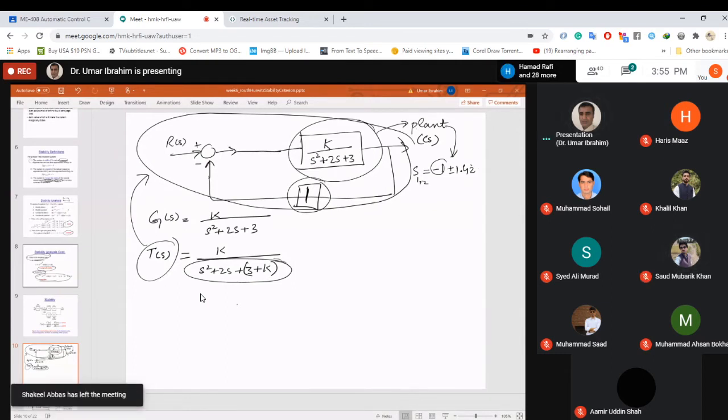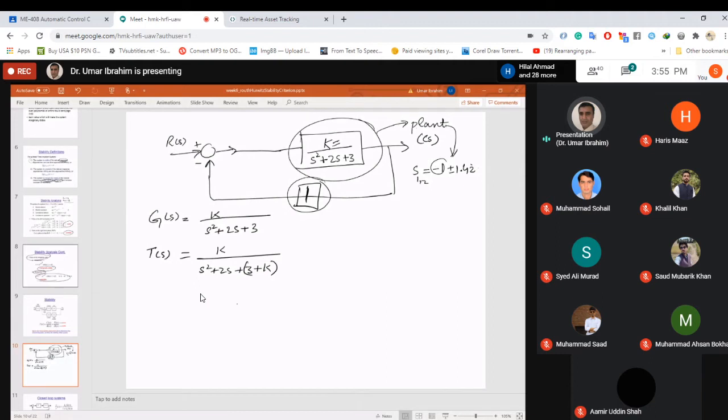Okay, sir. Now, assuming, let's say for sake of simplicity, K is equal to 1. Then our roots will be equal to minus 2 plus minus under root, minus 4 multiplied by 4 divided by 2.